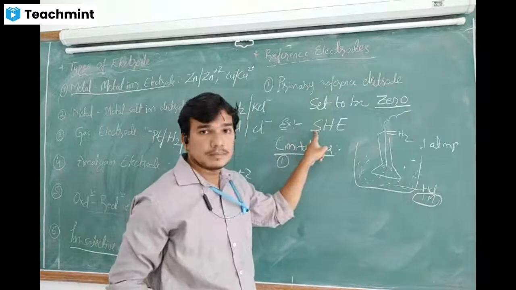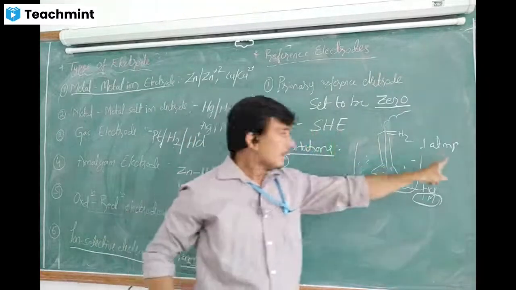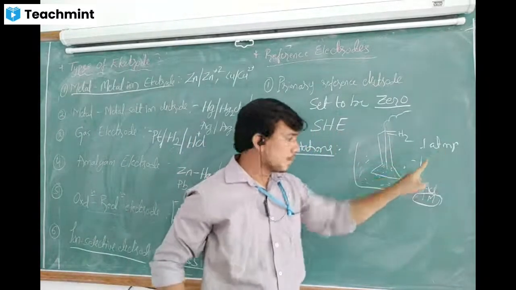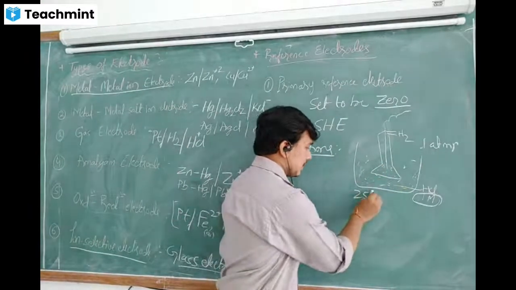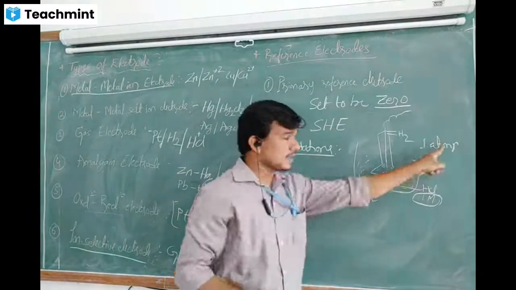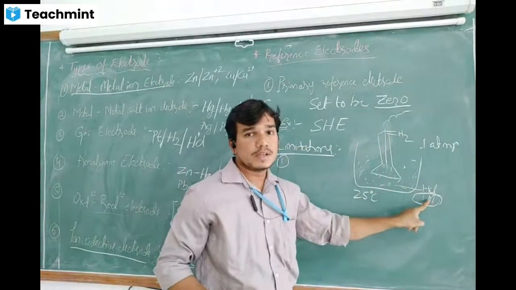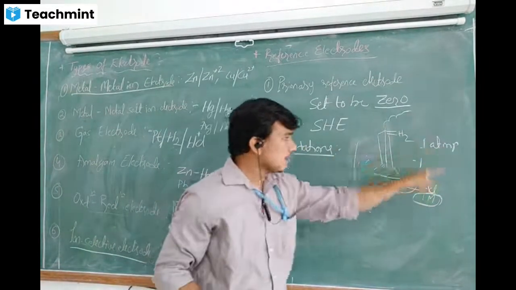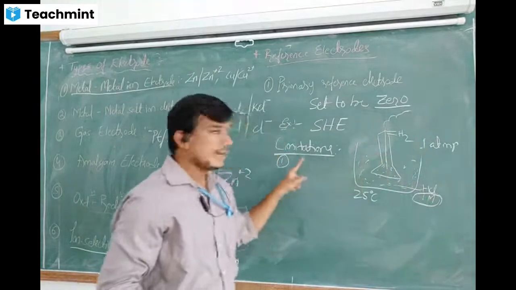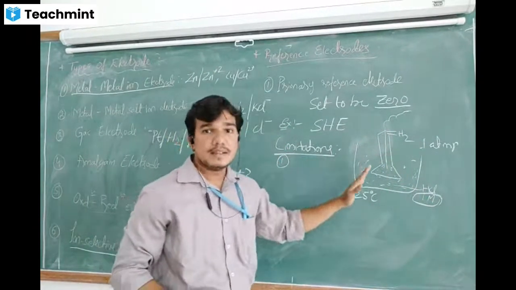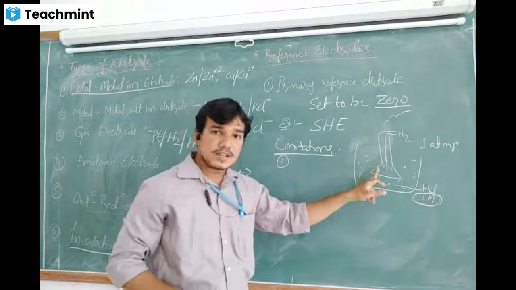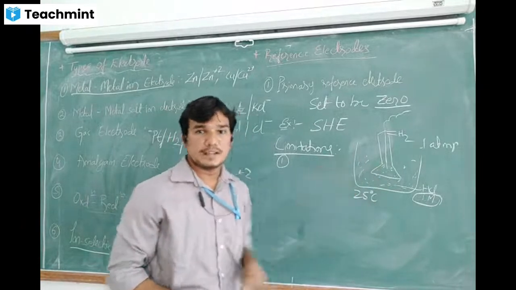Standard hydrogen electrode means temperature should be 25 degrees Celsius, pressure should be 1 atmospheric pressure, and concentration should be unity. To set up all these is a very difficult task. So that's why construction is very difficult.